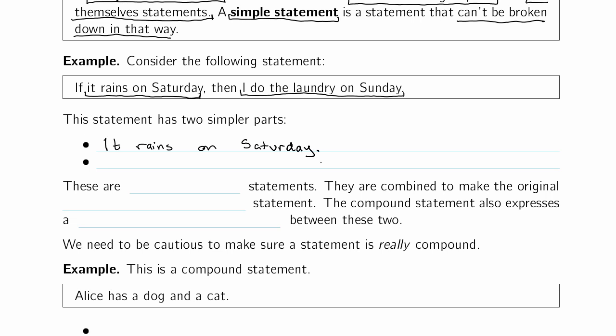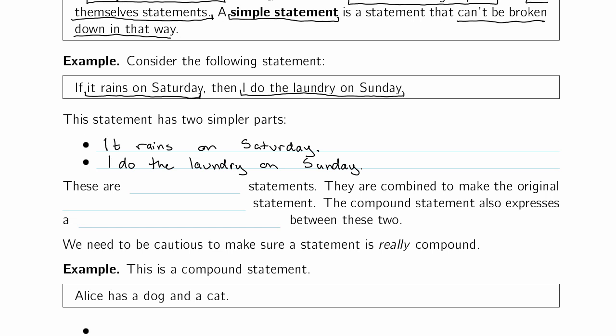It rains on Saturday, that statement is either true or false about any particular Saturday. On any particular Saturday, either it rains where you are or it does not rain where you are. I do the laundry on Sunday is likewise a simple statement. On any particular Sunday, either I do the laundry or I don't.